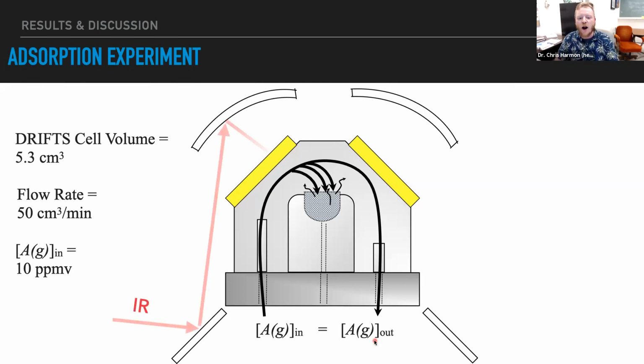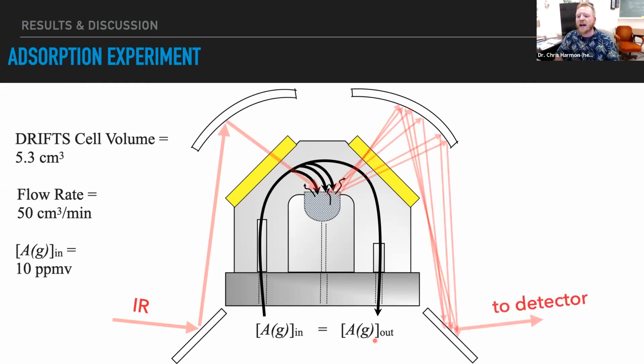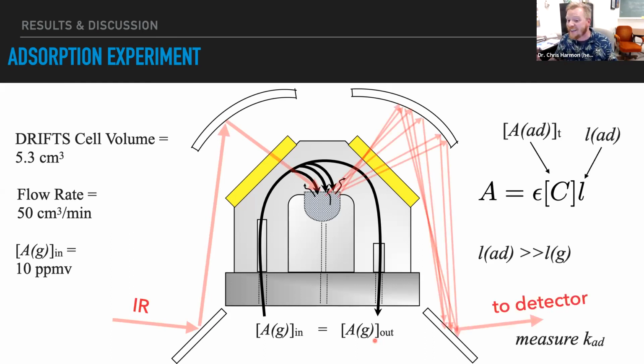And so as our IR beam comes in here, we're actually not going to see anything in the gas phase, because the path length of our adsorbed phase is much, much longer than our path length in the gas phase. That's because of all these random diffuse reflectance events, okay? And so when we apply our Beer's law, we note this is entirely due to adsorbed acetone, not gas phase acetone.